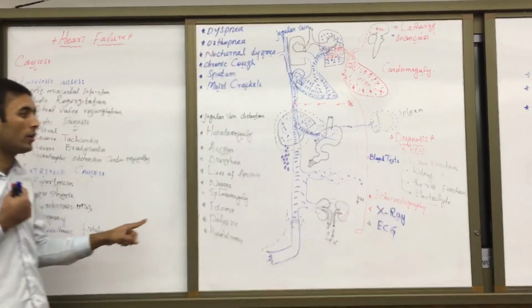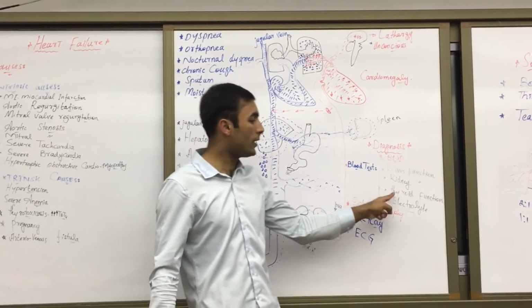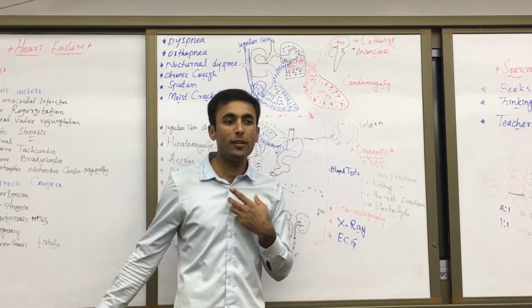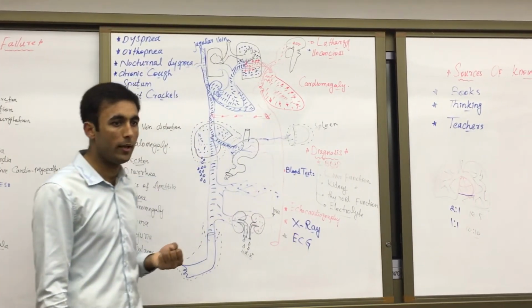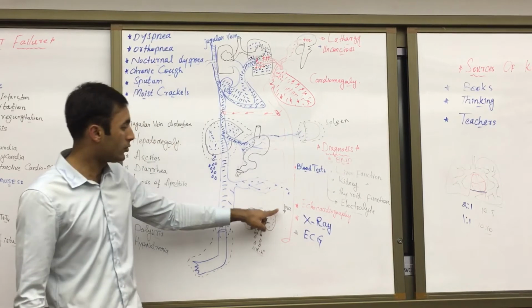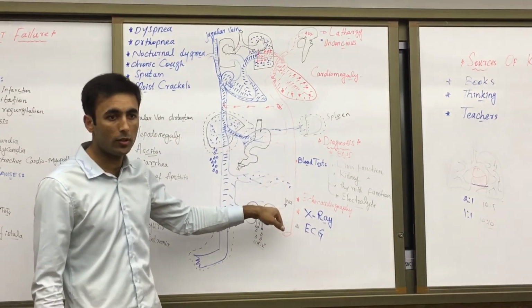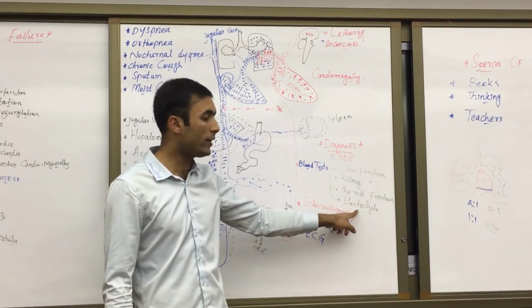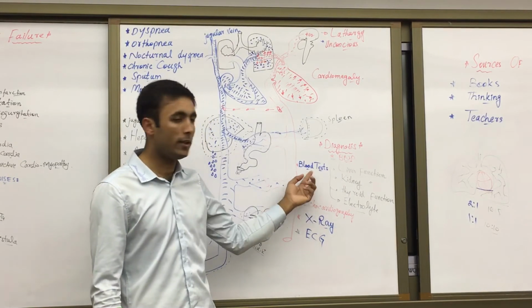So if we give the thyroid function test, we can check the T3 and T4 level in the blood. On the top, we can also check the electrolytes, because we said that the sodium level in the blood is decreasing. So we can check the electrolyte level by giving the blood test.